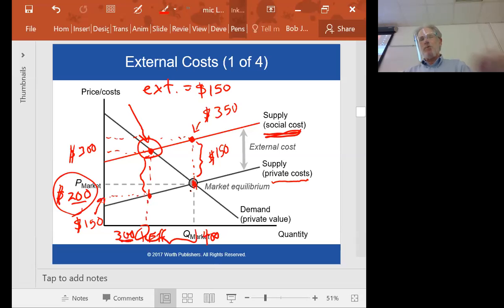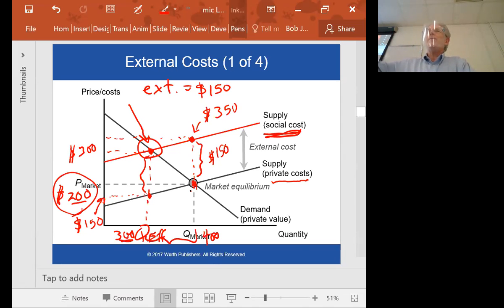And for so much of what we do, anytime we talk about inefficiency, it has to do with the fact we're producing something where the cost is greater than the benefit. It's like, why don't you go to a restaurant and order your food without looking at the menu?